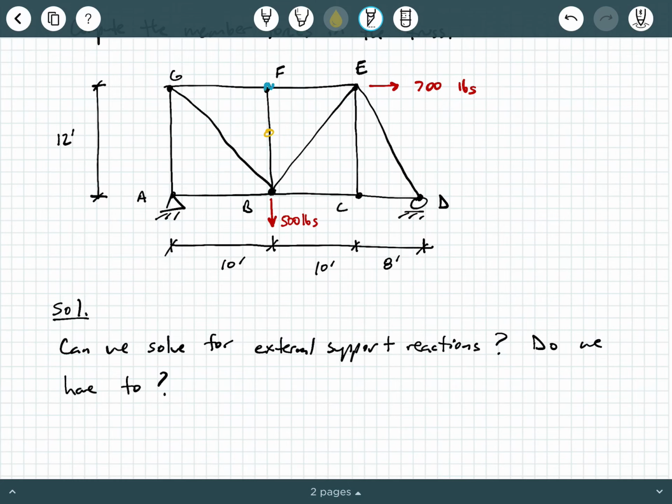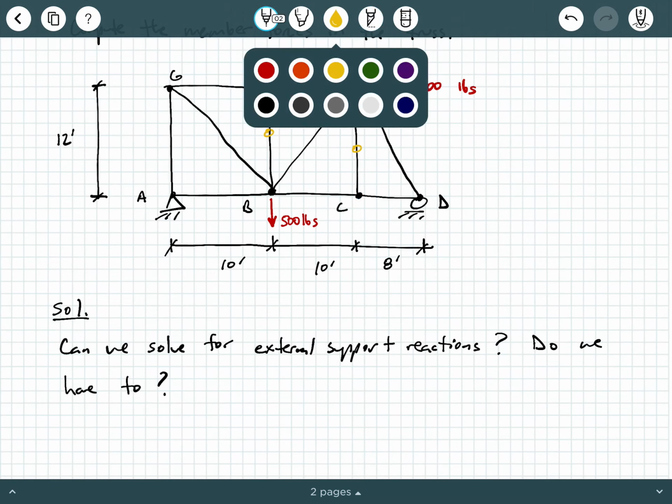If you look at joint F right here, you have no applied loads, no external reactions, and you have 2 collinear members, so the third member is a zero force member. And by the same reasoning, CE is also a zero force member, looking at joint C right here. Okay, so that can make our lives a little bit easier.